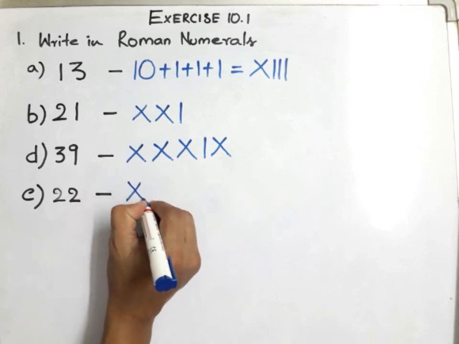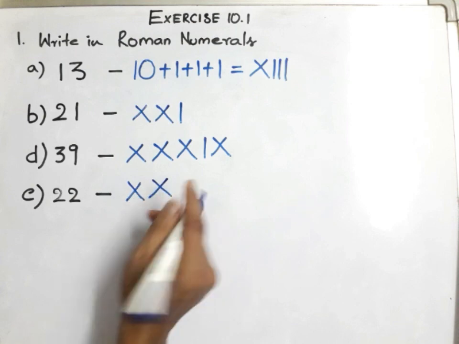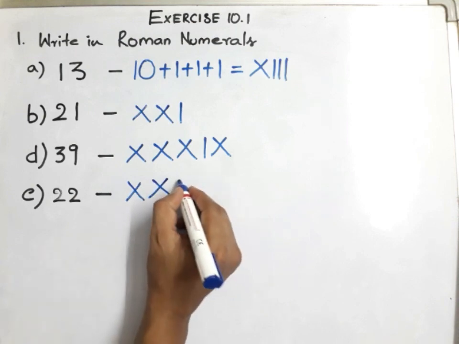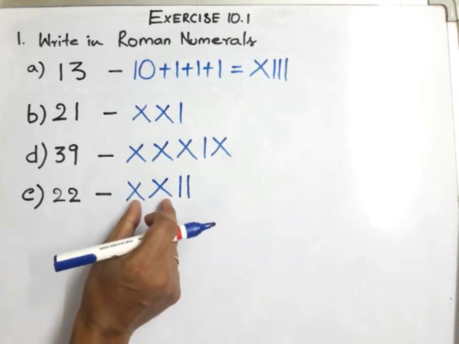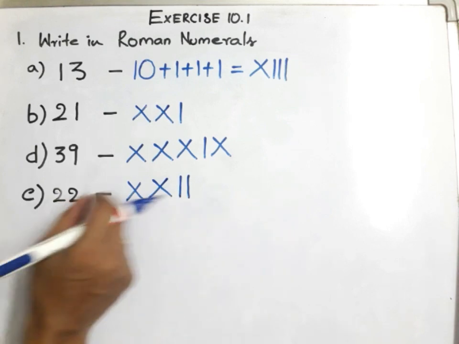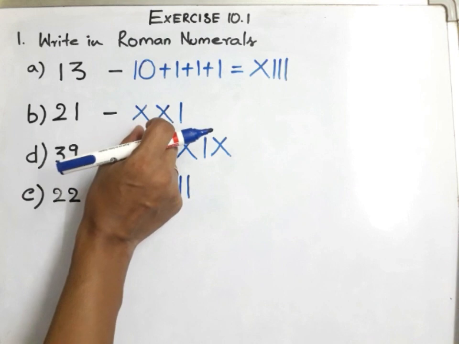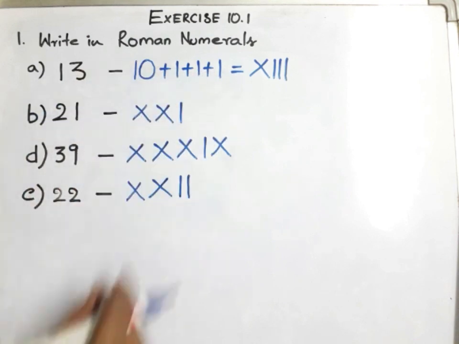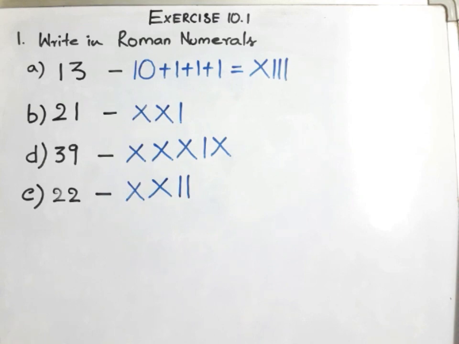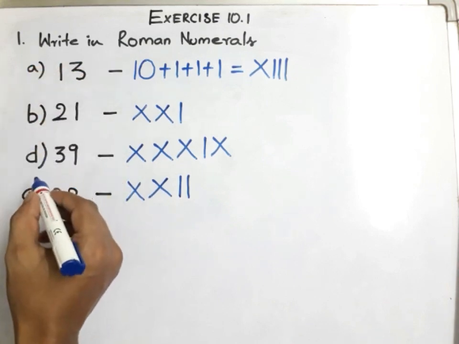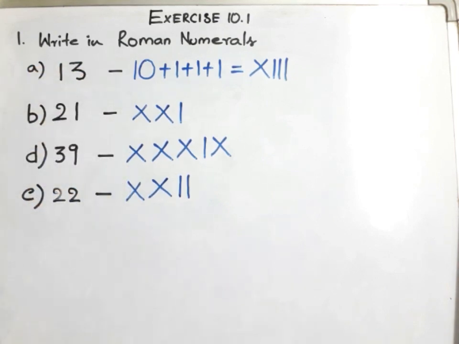X 10, X 10, 10 plus 10, 20, and 1, 1, 22. So 20 plus 2, 22. 30 plus 9, 39. 20 plus 1, 21. You can directly write like this. This explanation is only for your understanding. When you get larger numbers, we have to follow that way. The leftover problems in this you have to do in HW for today. Let us move to second Roman.